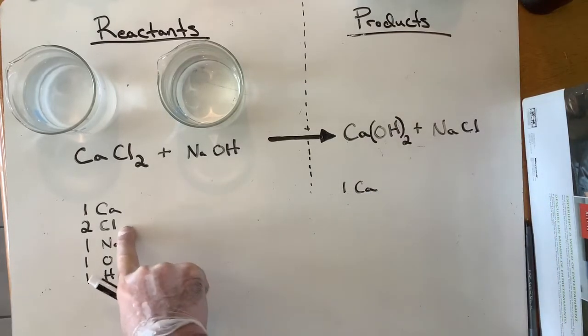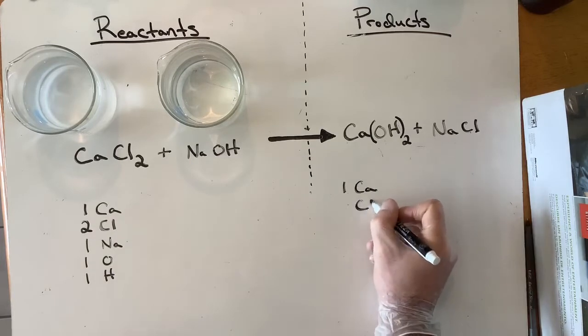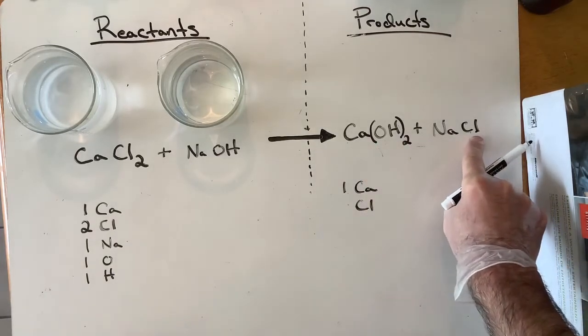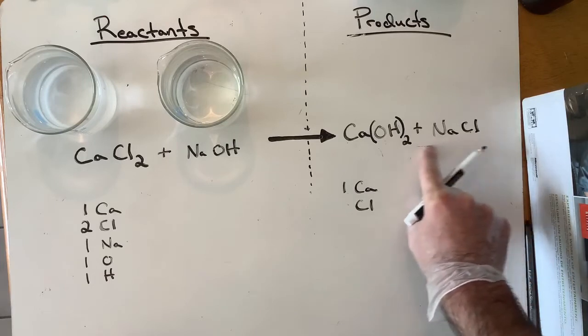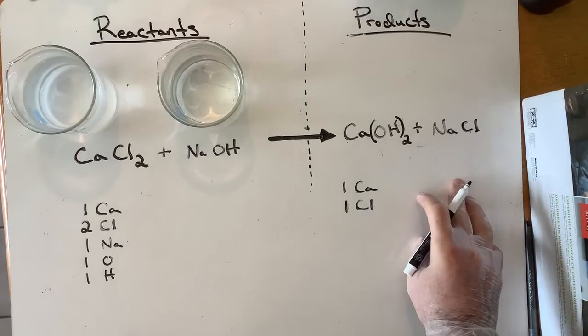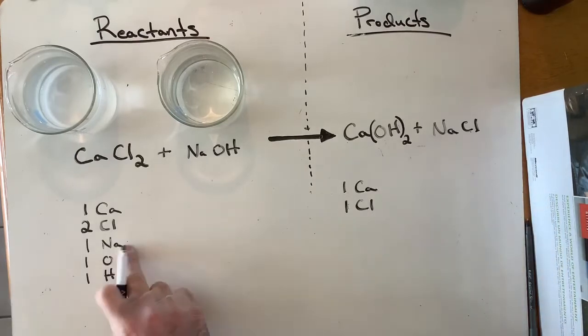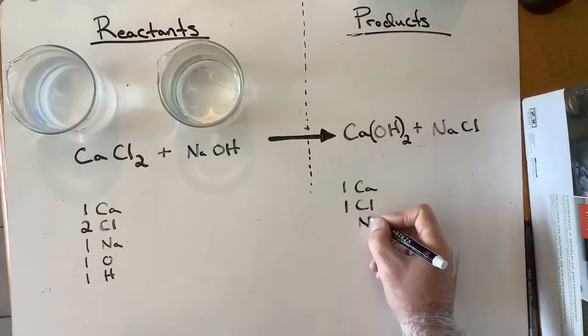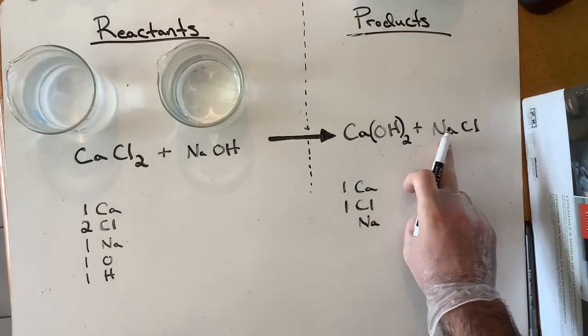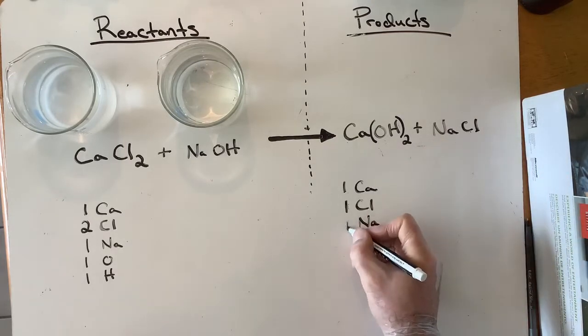Next, chlorine. How many chlorine atoms do I have over here? It looks like it's just the 1 in this sodium chloride. Next up, sodium. How many sodium atoms do I have in my products? It looks like it's just the 1 here.